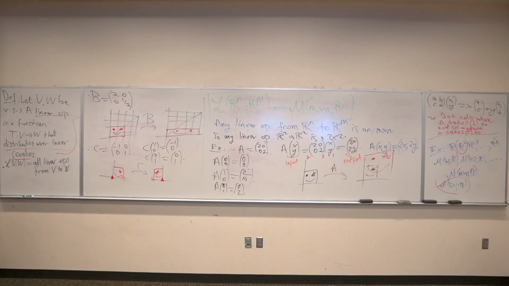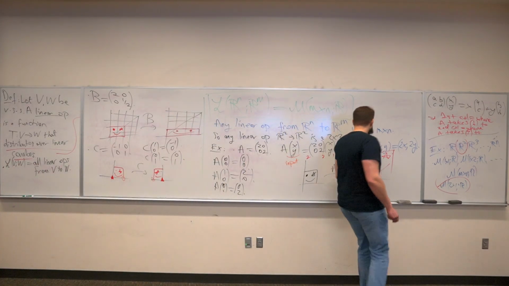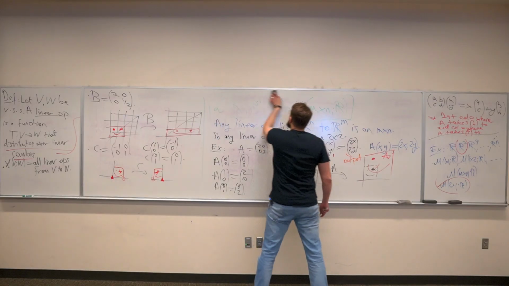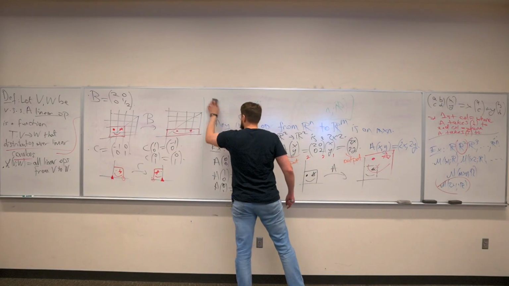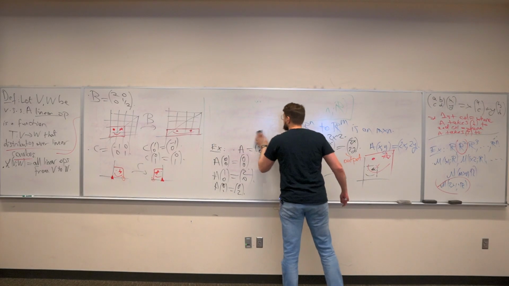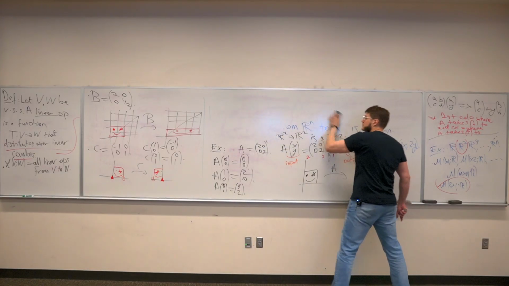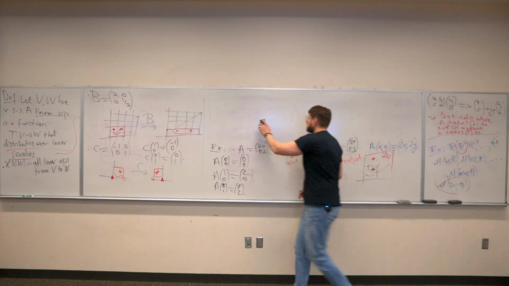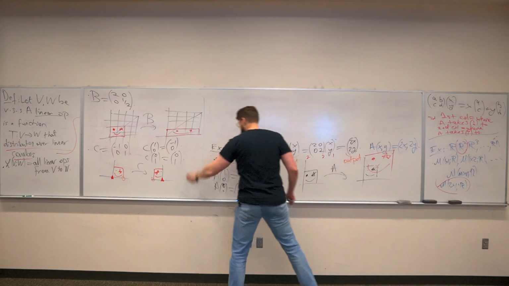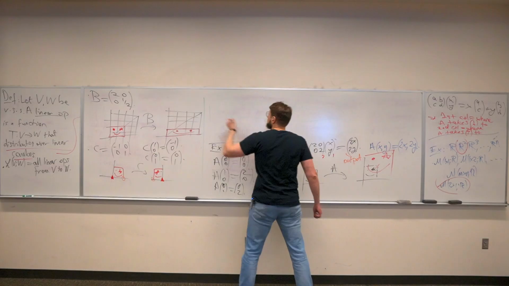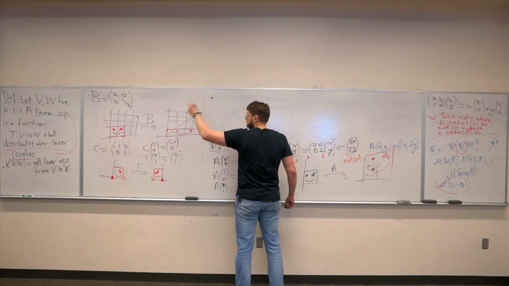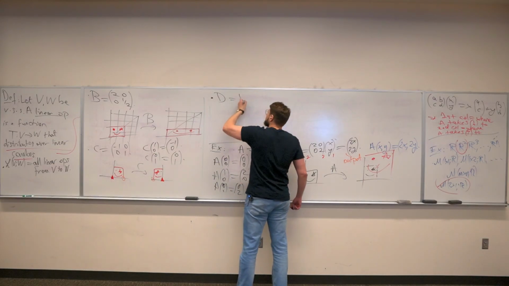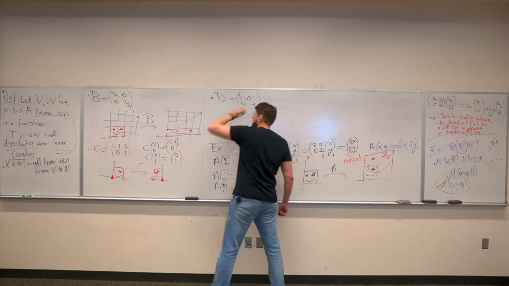Okay, let's do one more. What if I were to do 1, minus 1 here? So D, 1, 0, 0, minus 1.